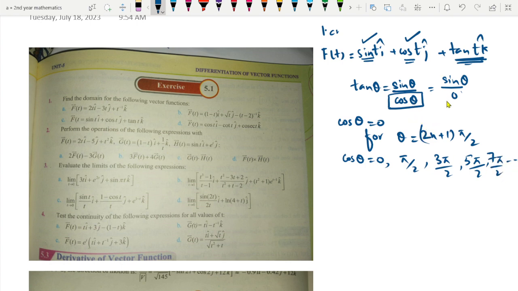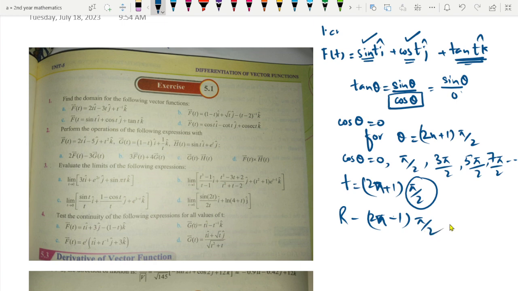So this is undefined when t is equal to odd multiples of pi by 2. For odd multiples of pi by 2, this is undefined. So the domain is set of all real numbers minus (2n minus 1) pi by 2. So next question.